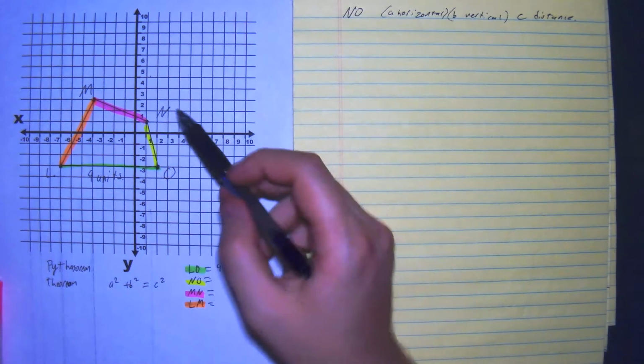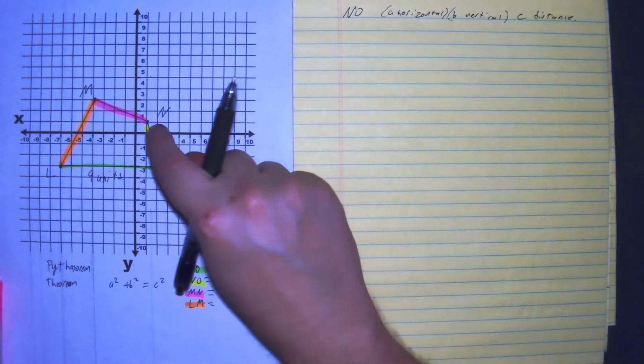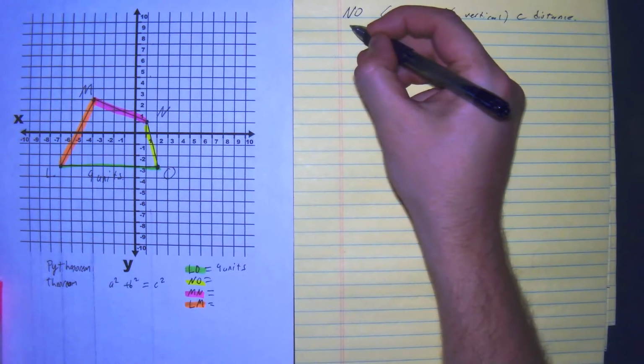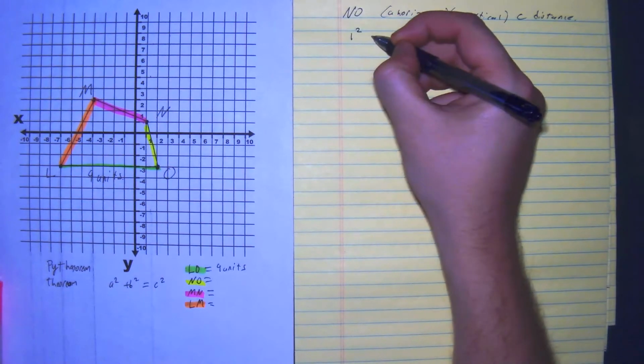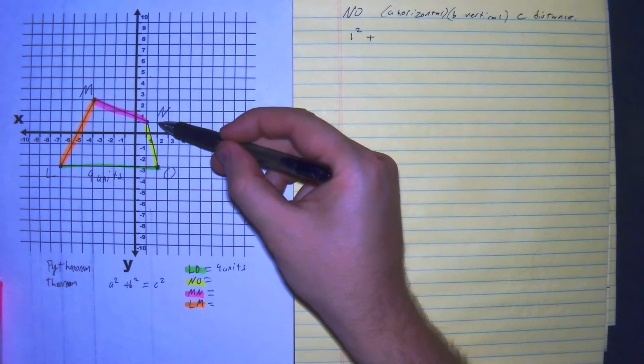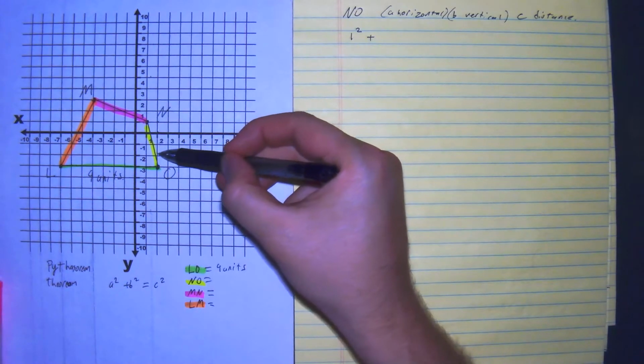Alright, so first let's count the horizontal distance. Well, this is at 1, this is at 2. So the horizontal distance between NO is going to be 1 squared, that's our A, plus, then we count the vertical distance. So we put a dot here, 0, but we have to go down 1, 2, 3, 4.